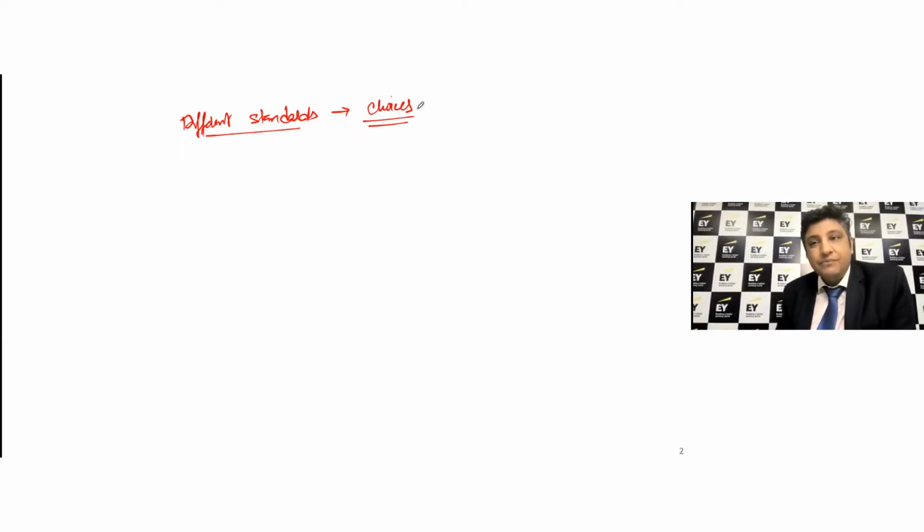But now we start asking ourselves, is it always clearly evident that the choice is there within the standard, right? It could be a case that there's a particular situation where you are not sure in terms of what could be the most appropriate accounting policy choice for you.